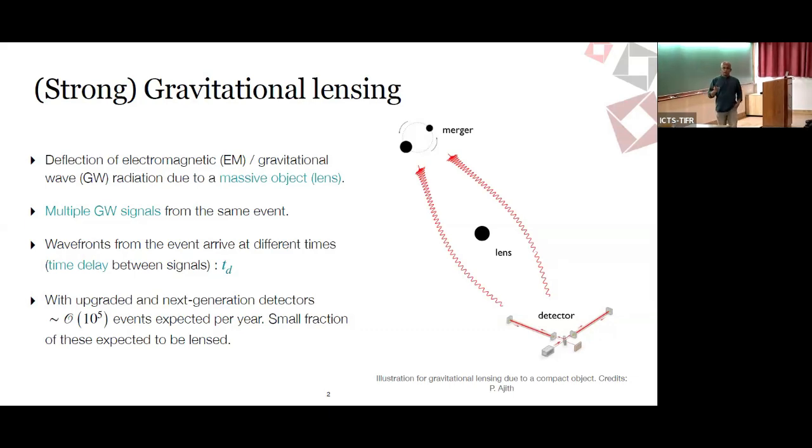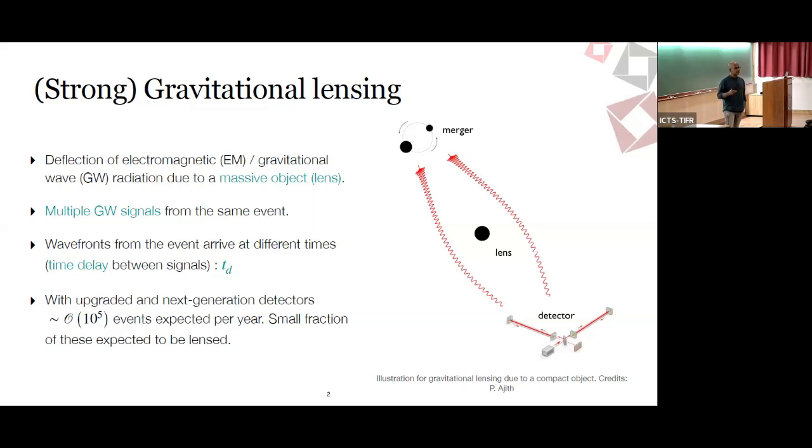Now, along with having multiple copies, these different copies are also separated in time, which we'll call the time delay between the different images. Now, why is this important? Because, as we know, the gravitational wave observatories are being upgraded every now and then, and also with the next generation of detectors, we expect that order of 100,000 events to be detected per year.